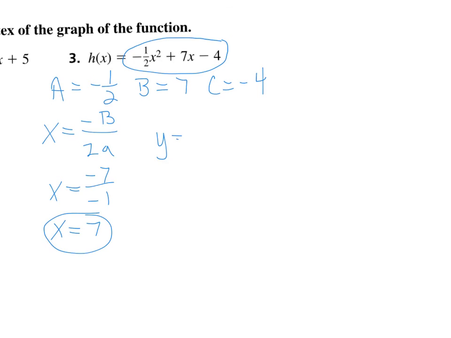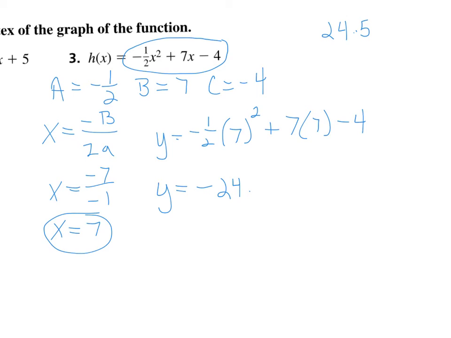So this is going to be y is equal to negative 1/2 of 7 squared plus 7 times 7 minus 4. 7 squared is 49, and negative half of 49 is going to be negative 24.5 plus 7 times 7, which is 49, minus 4.